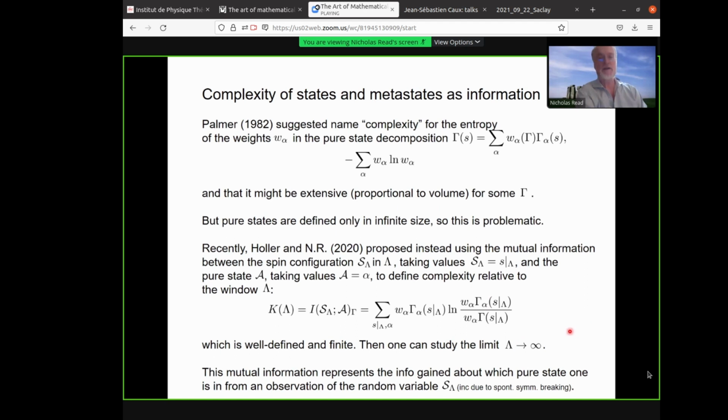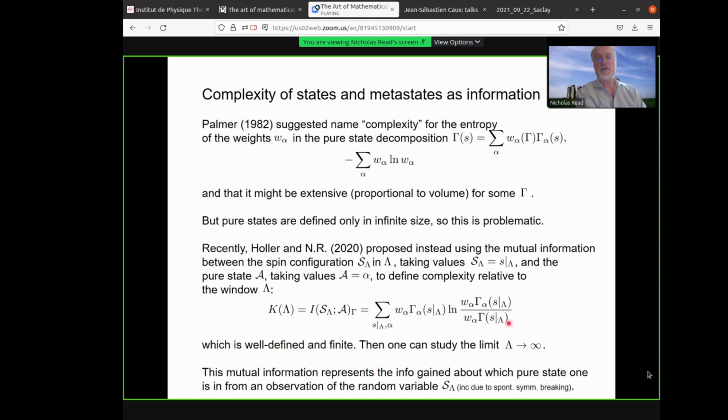And the idea is to use the idea of mutual information from information theory and take the mutual information between the spin configuration viewed as a random variable, the spin configuration in a window lambda, and the pure state alpha. And so then we can use the standard definition of mutual information, which you can look up on Wikipedia if you like.